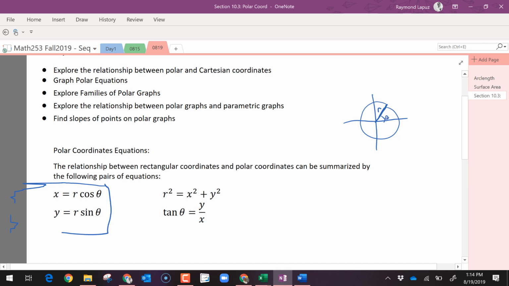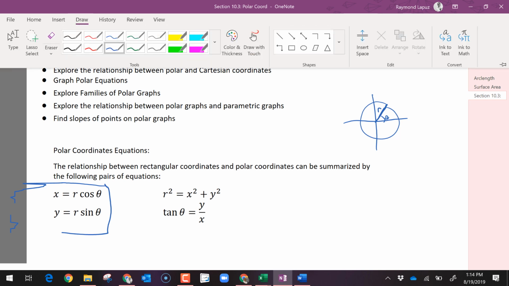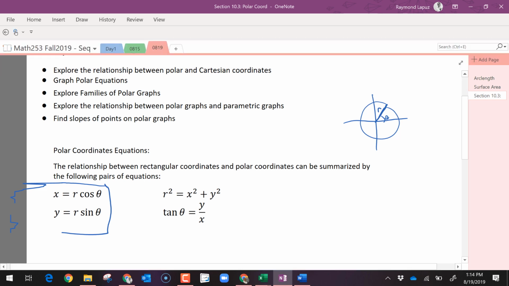Then you have r and theta, and you can look at x and y as either the adjacent or the opposite sides of the angle. So you have your triangle and everything relates back: this is your x, this is your y, and now you have the relationship of opposite over hypotenuse and adjacent over hypotenuse related to the sine and cosine.